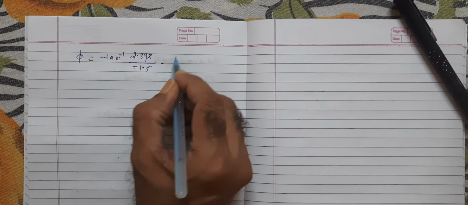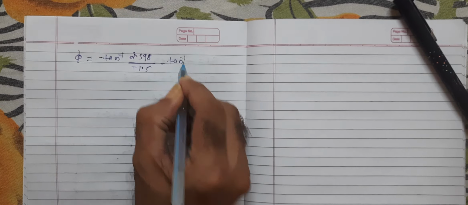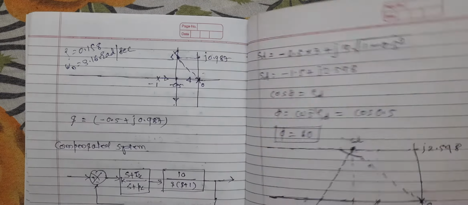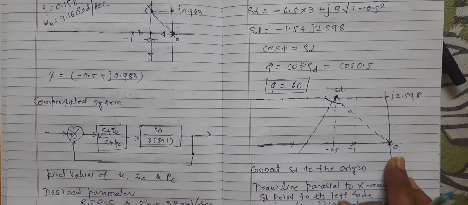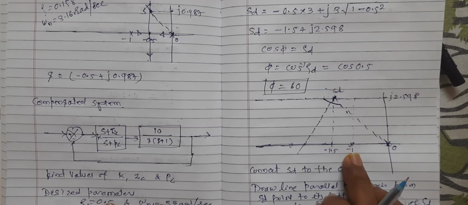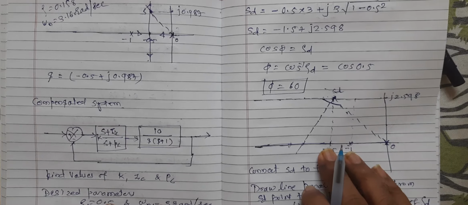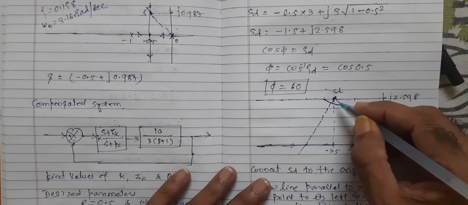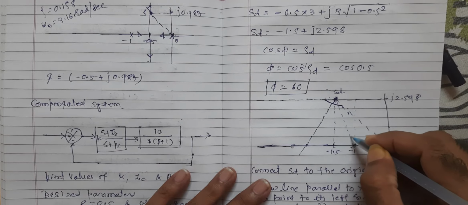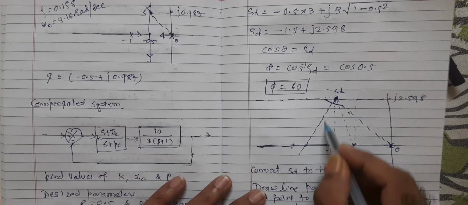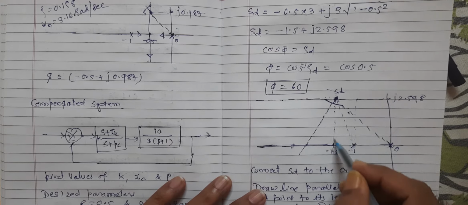Then this becomes minus tan inverse, and this value we have to find out, -1. From 1 to 1.5, what is the distance there? 0.5. If we join this point here, again -1, 1.5 and SD form a right angle triangle.